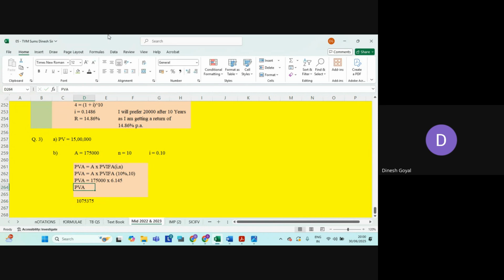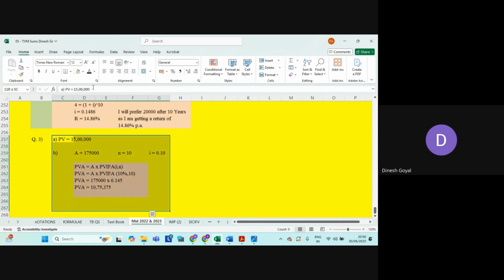So this is the present value of your annuity, that is 10,75,375, right? And the present value of option 1 is what? 15 lakh. So between 15 lakh and 10 lakh 75,375, which option will you choose? 15 lakh, so we will go with option 1.